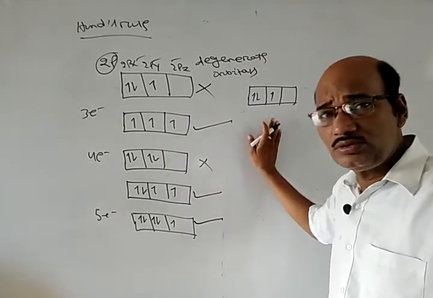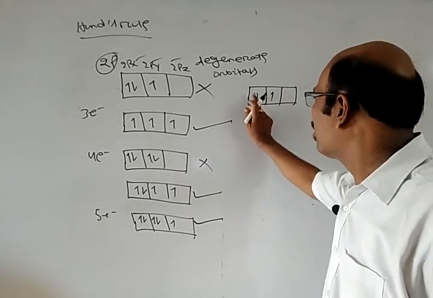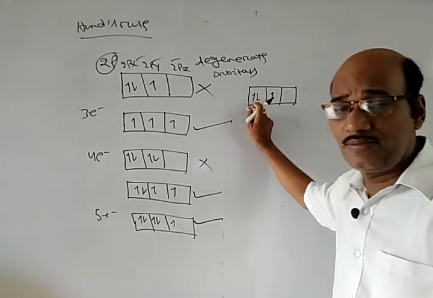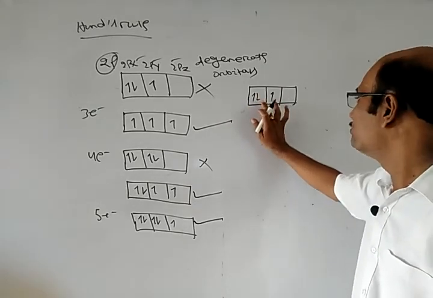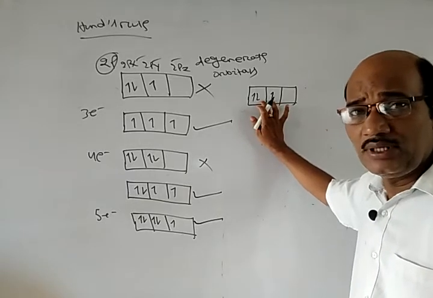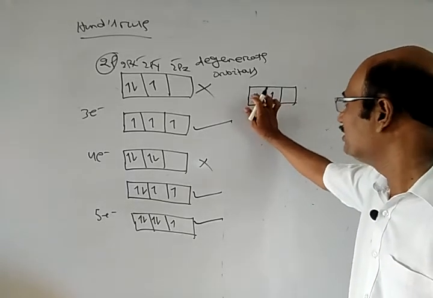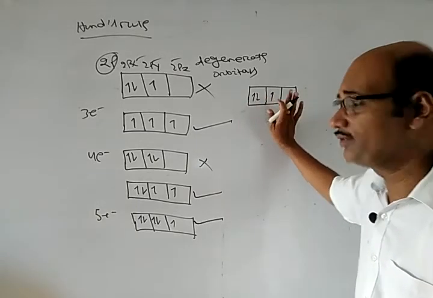If I choose this case, this orbital is already paired. This one is unpaired. But these two are not in the same state. Here it is in the paired state, here it is the unpaired state. These two are not same, not equal.